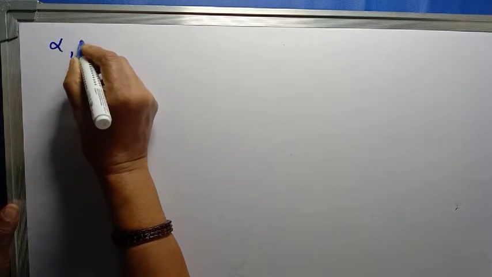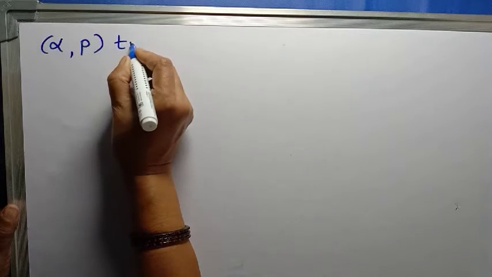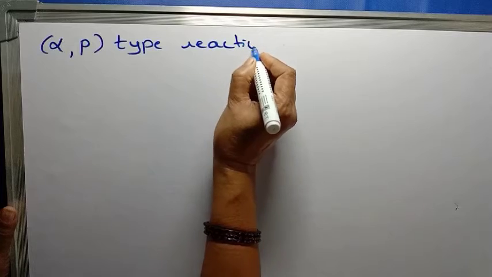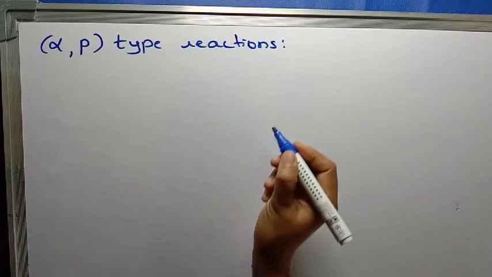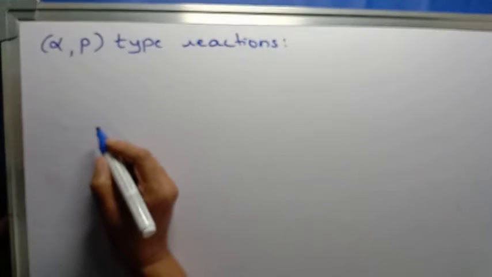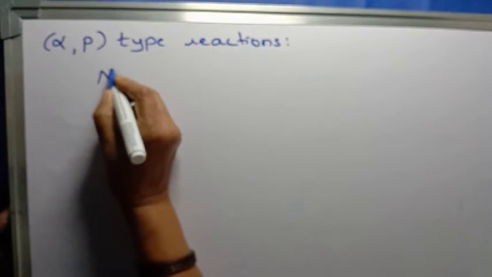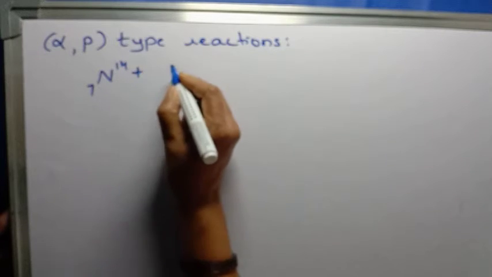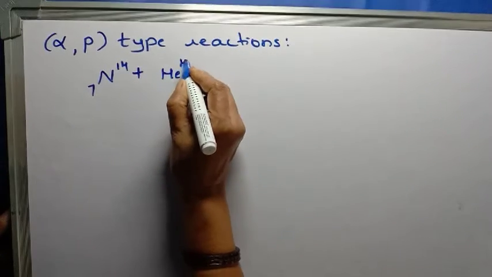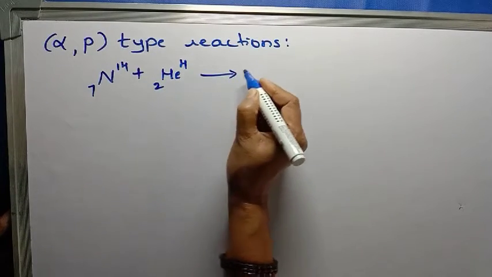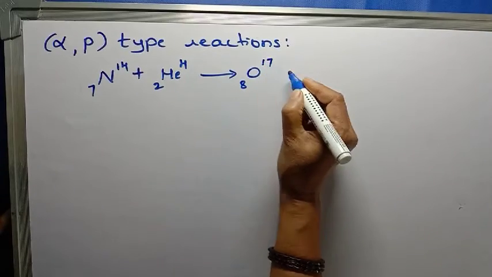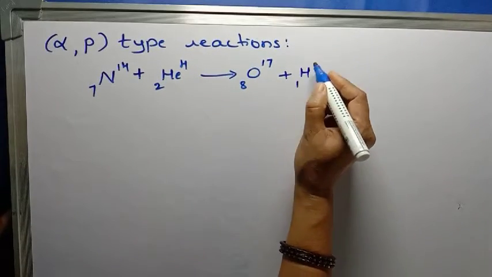See, the first type of reaction, alpha proton type reaction. For example, when nitrogen is made to react with alpha particle. Alpha particle is nothing but helium atom, isn't it? So it bombards the nitrogen and produces oxygen, with the liberation of 1H1.